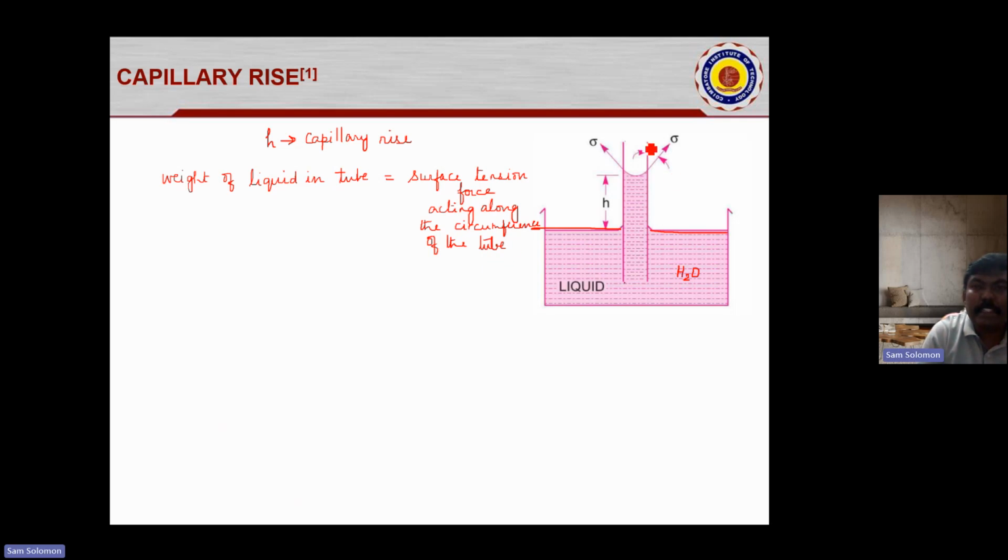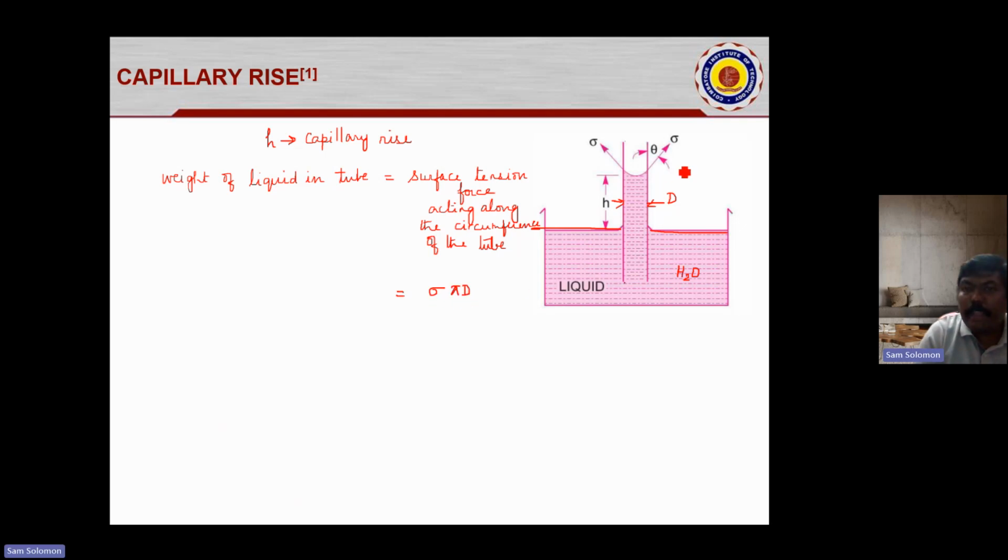If we say the diameter of the tube is denoted by D, the surface tension force is going to be sigma times pi D.